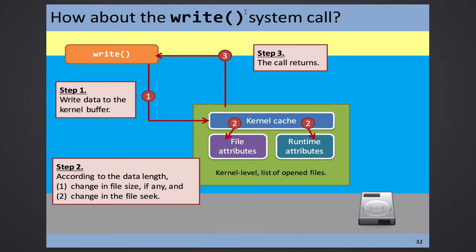After the update, the kernel cache becomes the file content, and it updates the file attributes, because maybe your change is to grow the file. It also changes the file offset that you were editing. Now, after this change, the write system call returns.